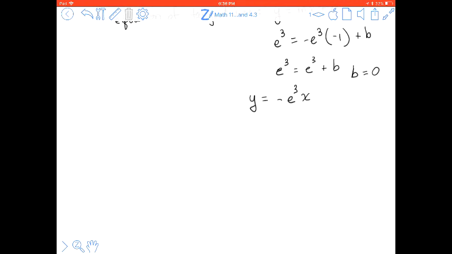All right, last type of question you're going to see would be finding the derivative implicitly, which was back in chapter 2, 2.7, I think.